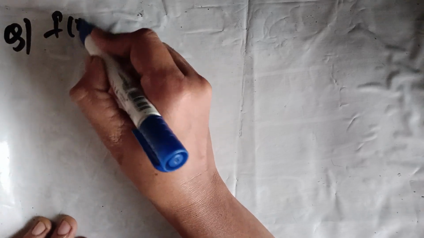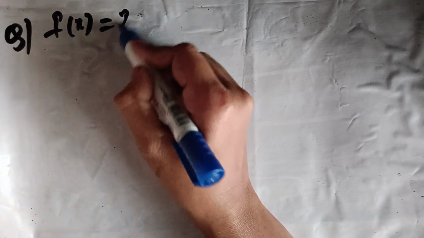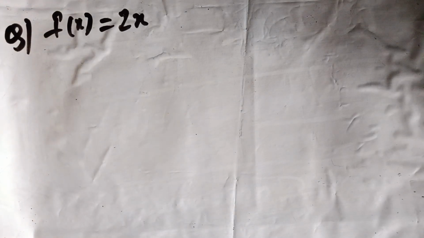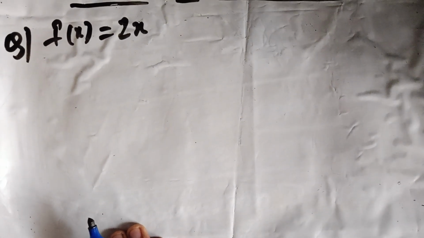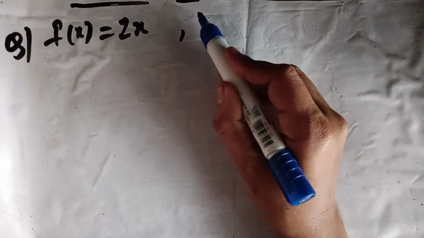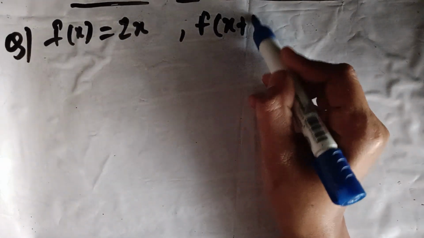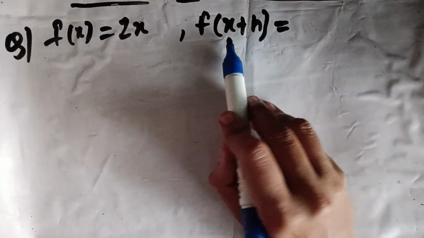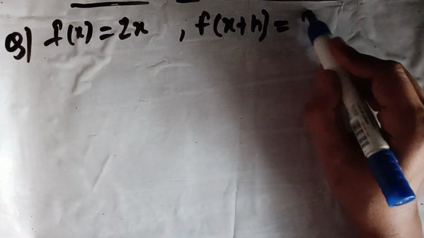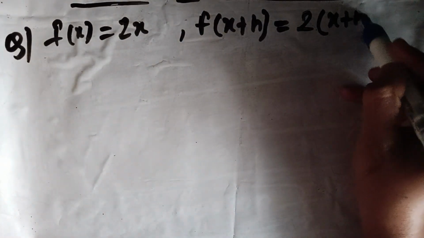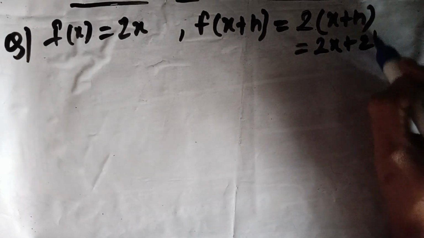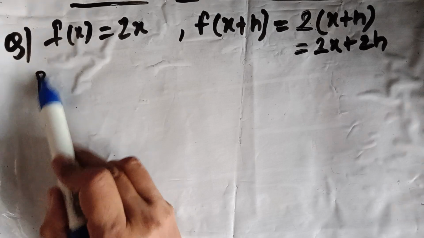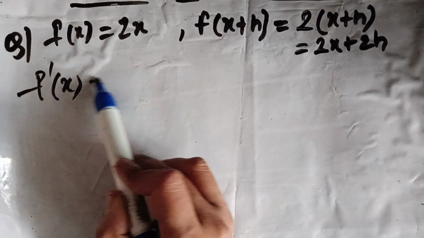F of x equal to 2x. Okay. So we will be finding derivative using first principle. So first you write down f of x plus h. So wherever x is there, you have to write x plus h. Okay, so this becomes 2x plus 2h. Okay. Now we'll write the formula.